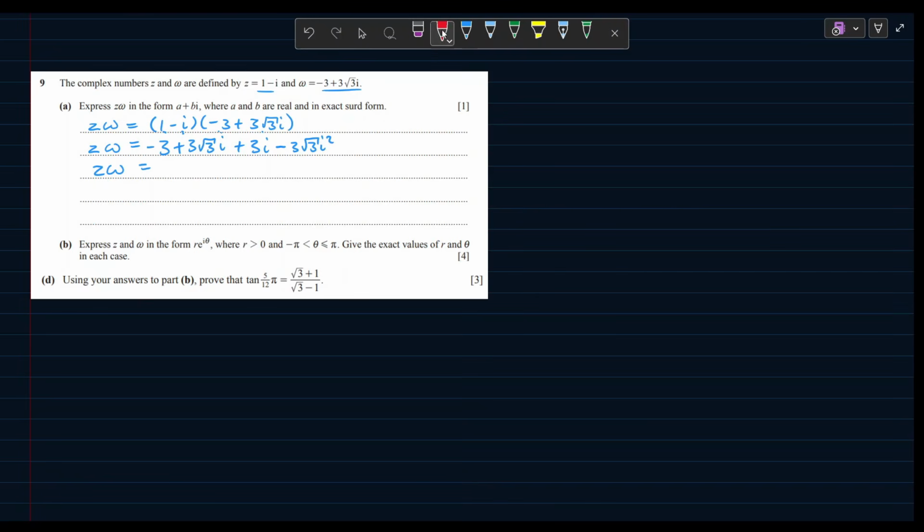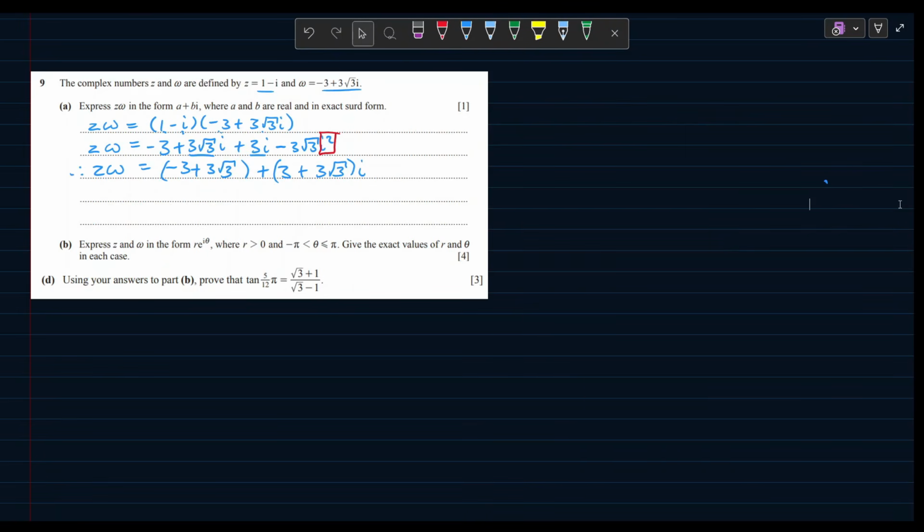We know that i squared is going to be negative 1, so this becomes positive 3 root 3. So we've got negative 3 plus 3 root 3 for our real part. Then for our imaginary part, it's going to be 3 plus 3 root 3 i. Alright, and so that's going to be our final answer.